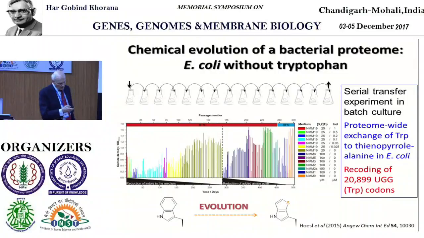In essence, and I know that George Church and others are upset at the nomenclature, we have recoded 20,899 UGG tryptophan codons in this experiment by simply restricting the amount of tryptophan or tRNA-Trp that the cell has that can be used. And we are continuing these experiments with analogs that are far more distant from tryptophan to see what the plasticity of the proteome might look like.